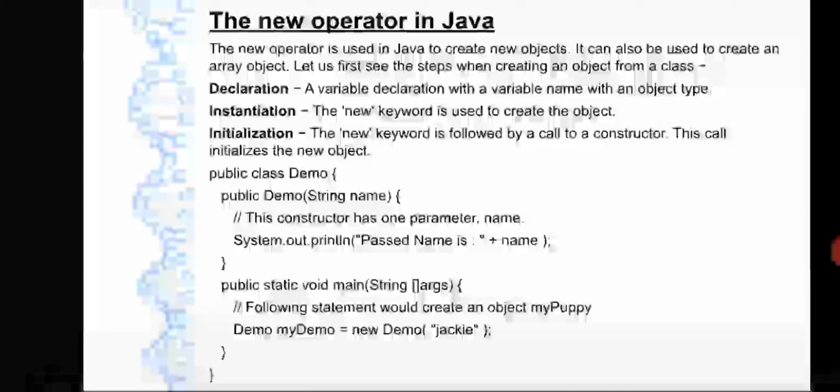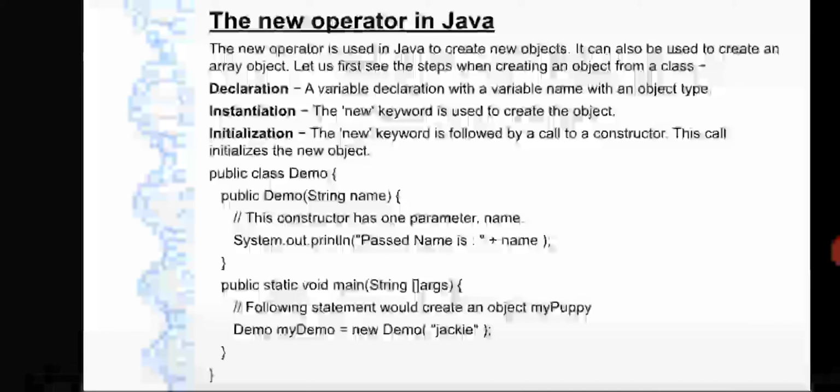That time the object will be created. Again you write the class name, and inside the parentheses, in double quotes, you are passing the value Jackie. Now this Jackie will go and sit in the constructor's parameter, that is nothing but the name variable.